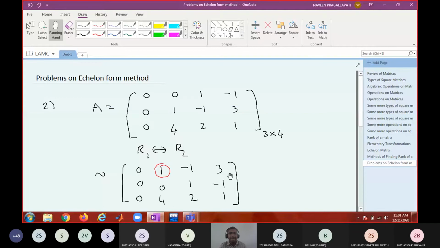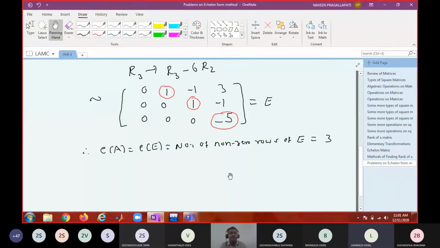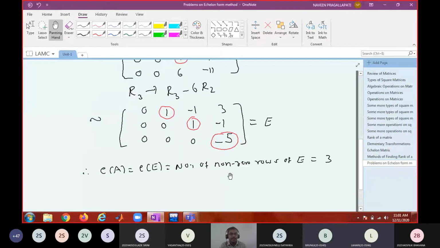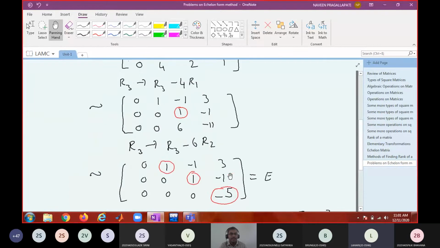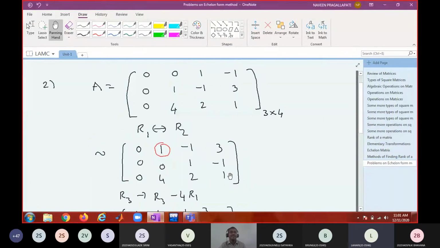Any doubts? Sir, I have a small doubt. Tell me. Sir, now we have this matrix, right? We have written a point yesterday that the rank of A is equal to the rank of A transpose.